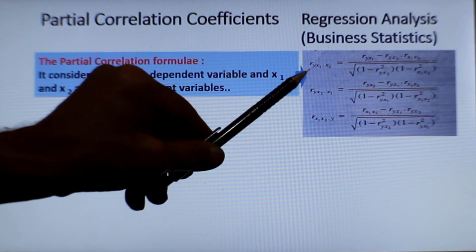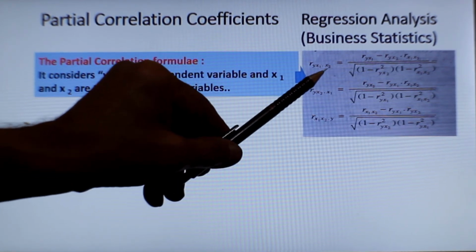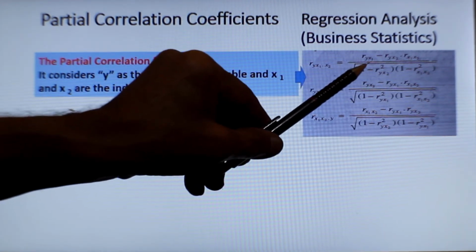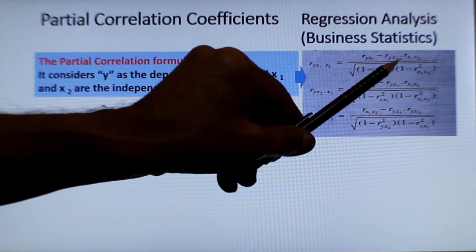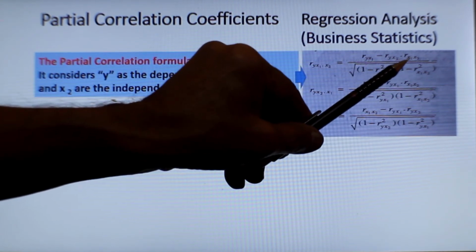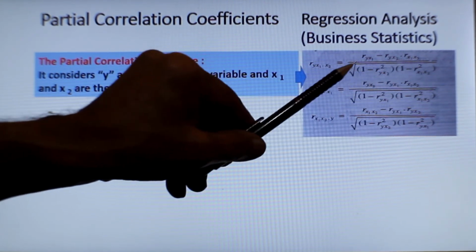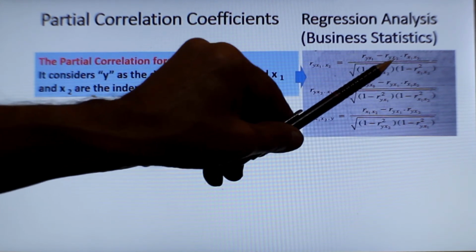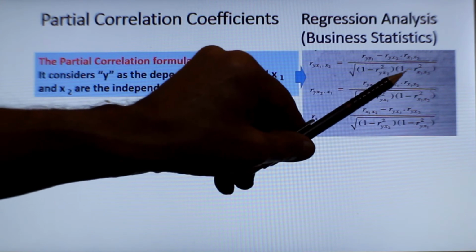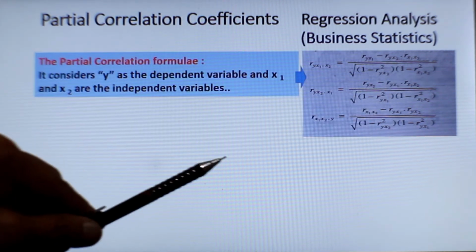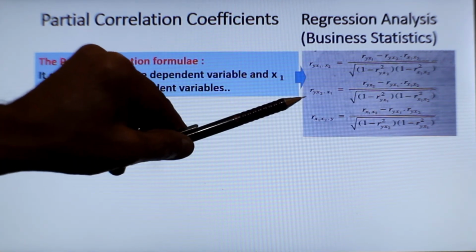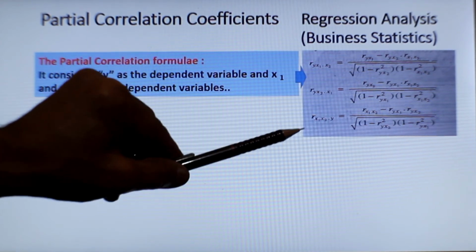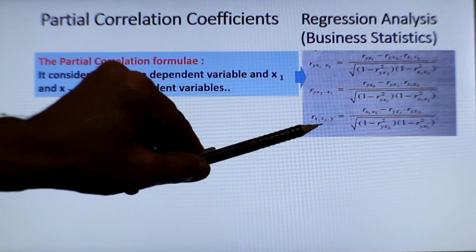So r y x1 holding x2 at a particular value is given by r y x1 minus r y x2 into r x1 x2, under the root of 1 minus r square y x2 into 1 minus r square x1 x2. So the other formulae are for r y x2 dot x1 and r x1 x2 dot y.